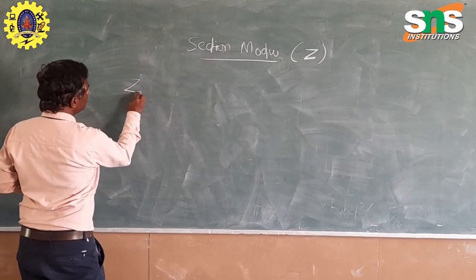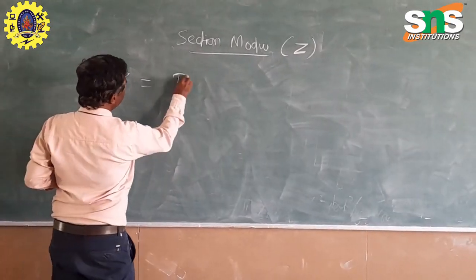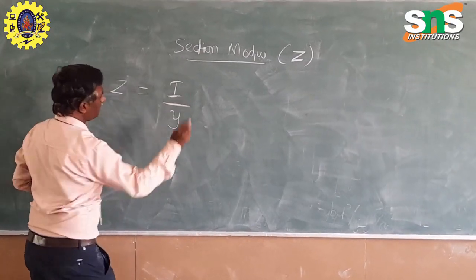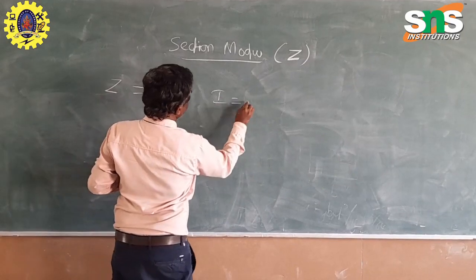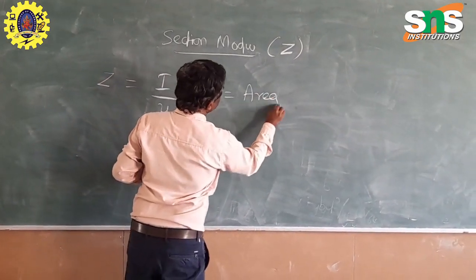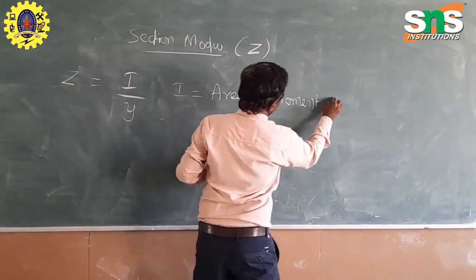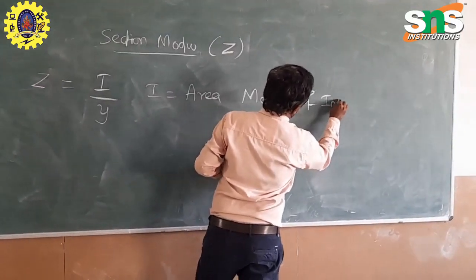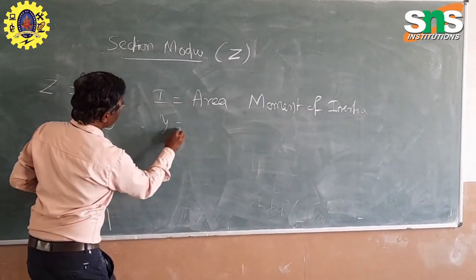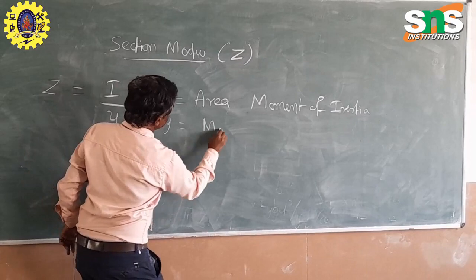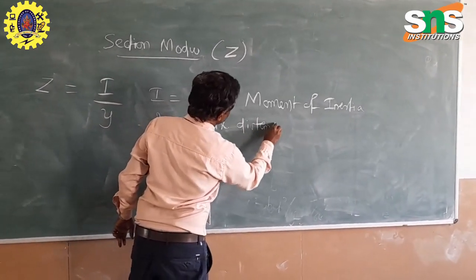And we have one mathematical expression for section modulus, which is Z equal to I by y. Here I is the area moment of inertia, and y is the maximum distance from the neutral axis.